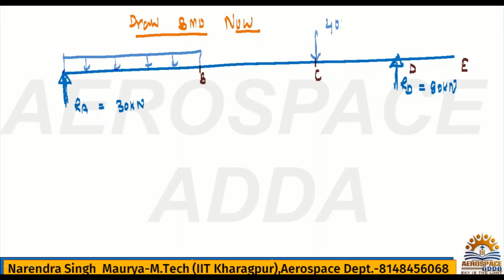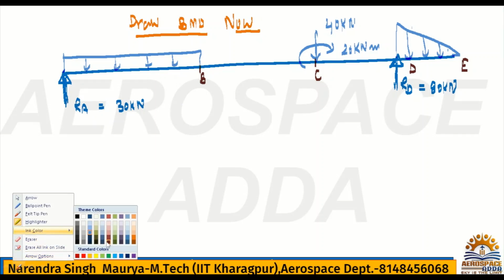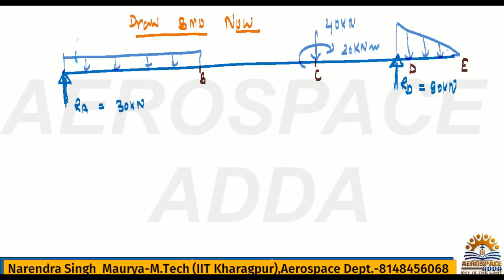We had converted the bracket load into a point load, and one moment we got. And here this is UVL, uniformly varying. The intensity of this UDL was 20 kilonewton per meter and it was 30 kilonewton meter, right?